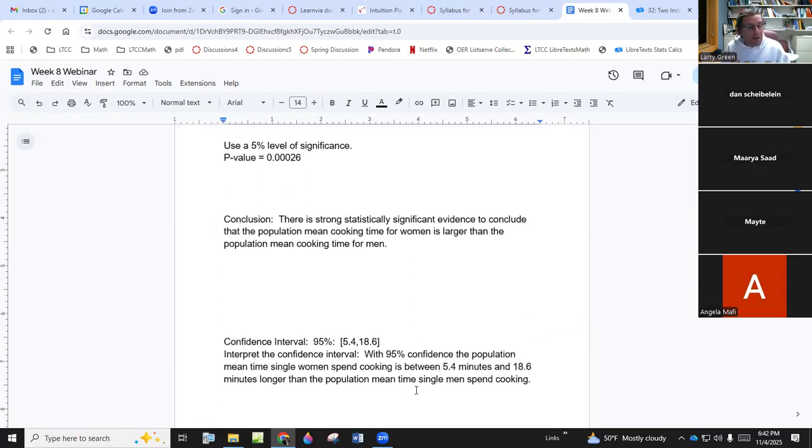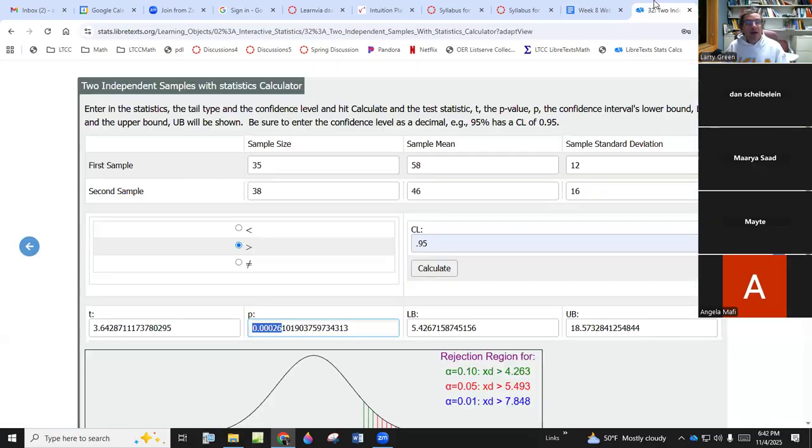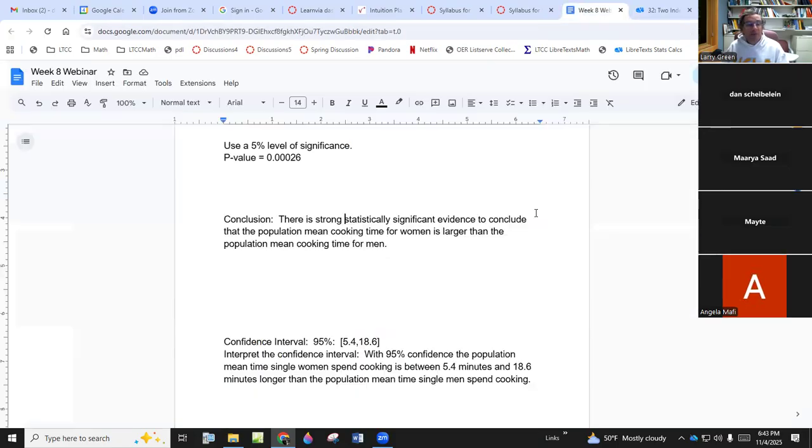Okay. We can look at the confidence interval. By the way, the confidence interval was 5.4 for the lower bound, 18.6 or so for the upper bound. So again, the first word should always be "with" when you interpret the confidence interval.